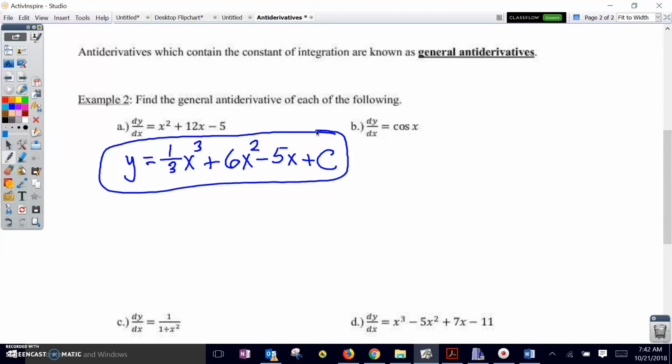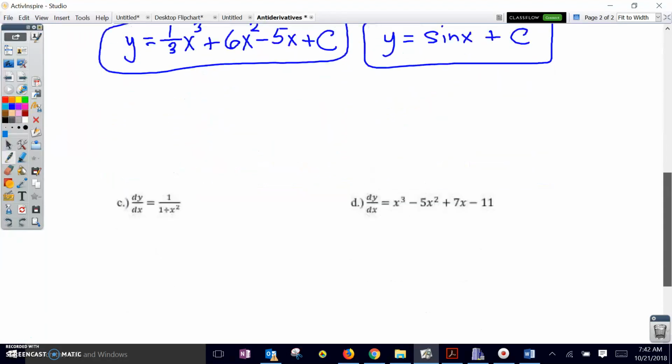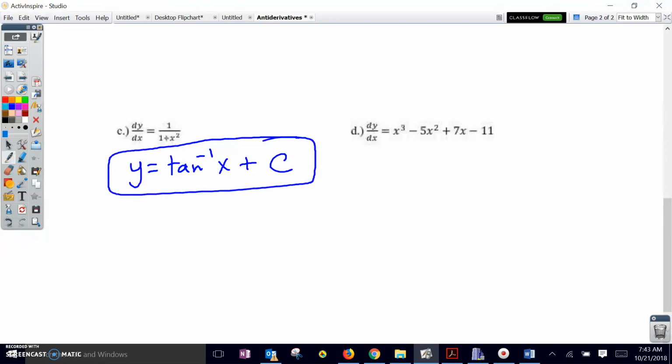Do the same thing in B. Antiderivative of dy dx is y. The thing that I take the derivative of to get cosine is sine. And so there's my general antiderivative in part B. Part C, let's see, this one is the arctangent. Again, if you know your derivative rules, it's a lot easier to find these antiderivatives because you'll recognize things that we take the derivative of to end up with this, for instance, because you know that derivative rule.